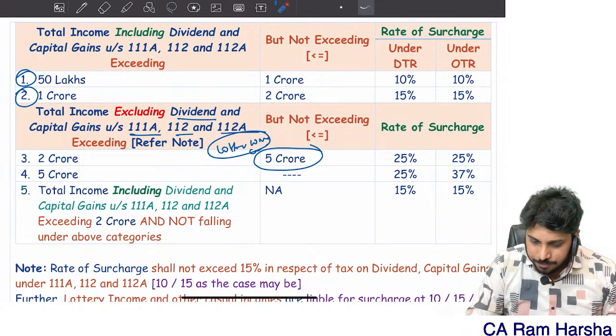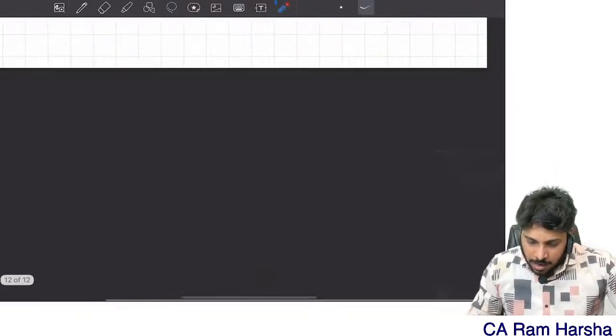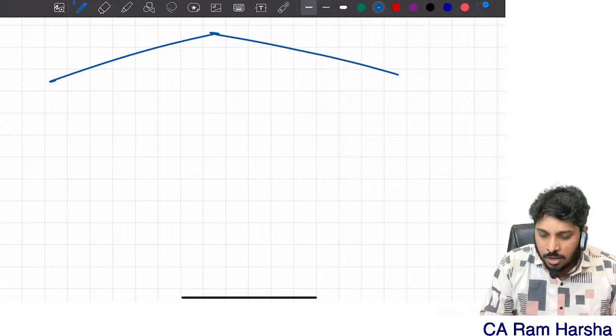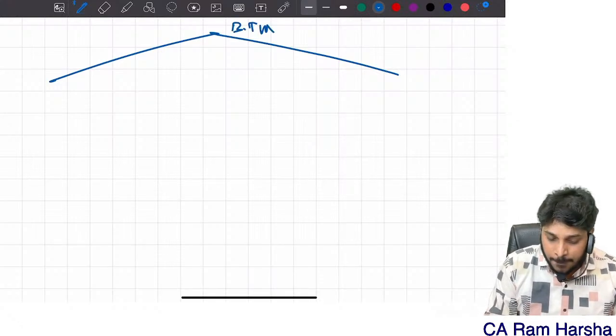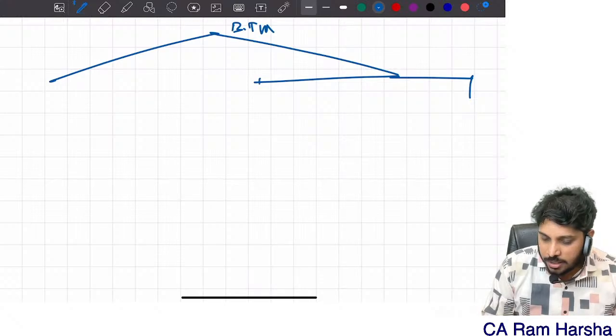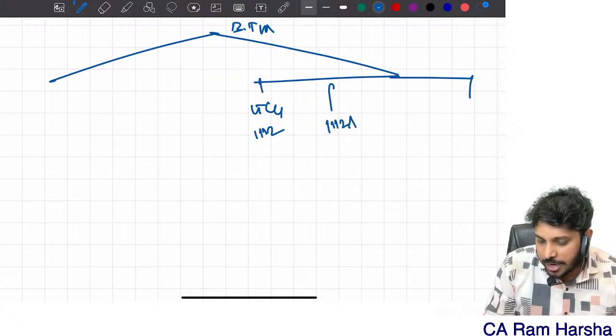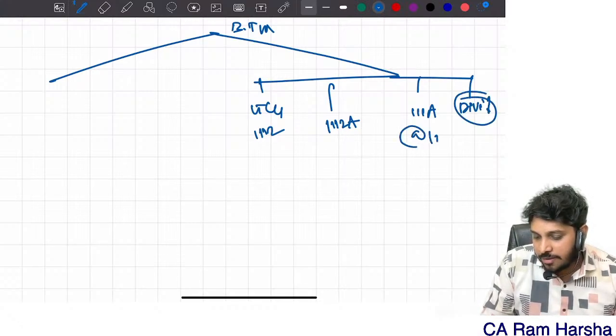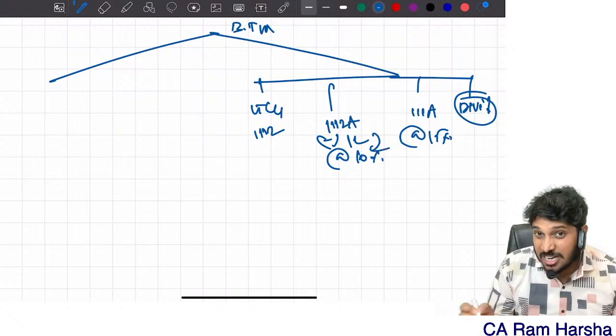Very simple. So what am I asking? You are computing basic tax, right? In basic tax, you will have LTCG 112, 112A, 111A, and dividend related tax. 111A we know is 15%. 112A, after the 1 lakh exemption, the remaining gain is 10%. 112 is 20%.